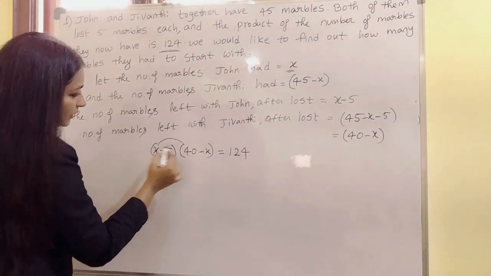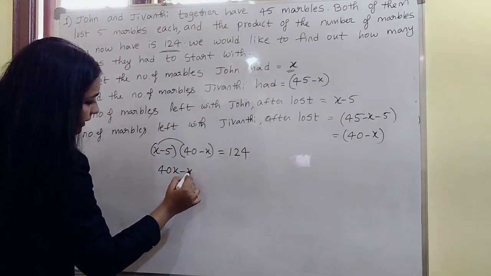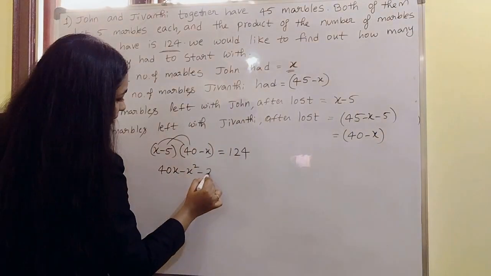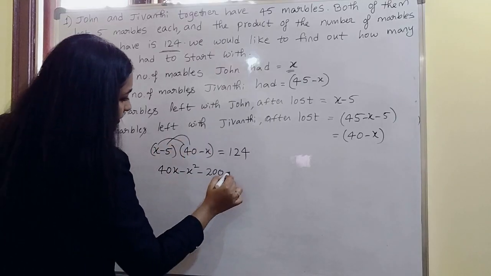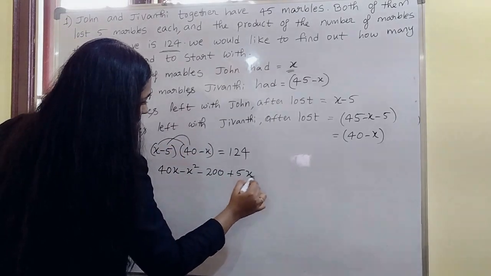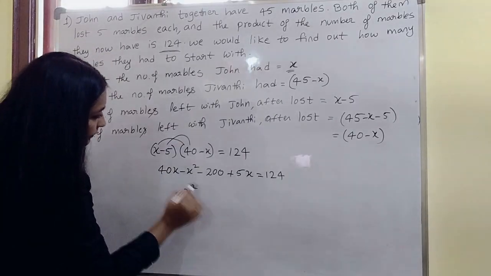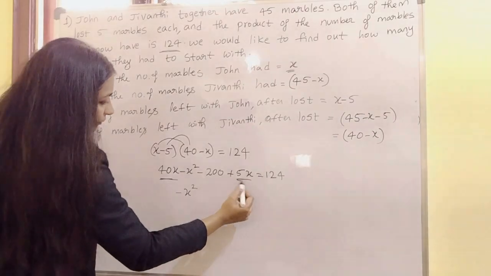So multiply x into 40, 40x, x into minus x, minus x square, minus 5 into 40, minus 200, minus 5 into minus x, plus 5x is equal to 124. So minus x square, we write in order, here 40x and here 5x.